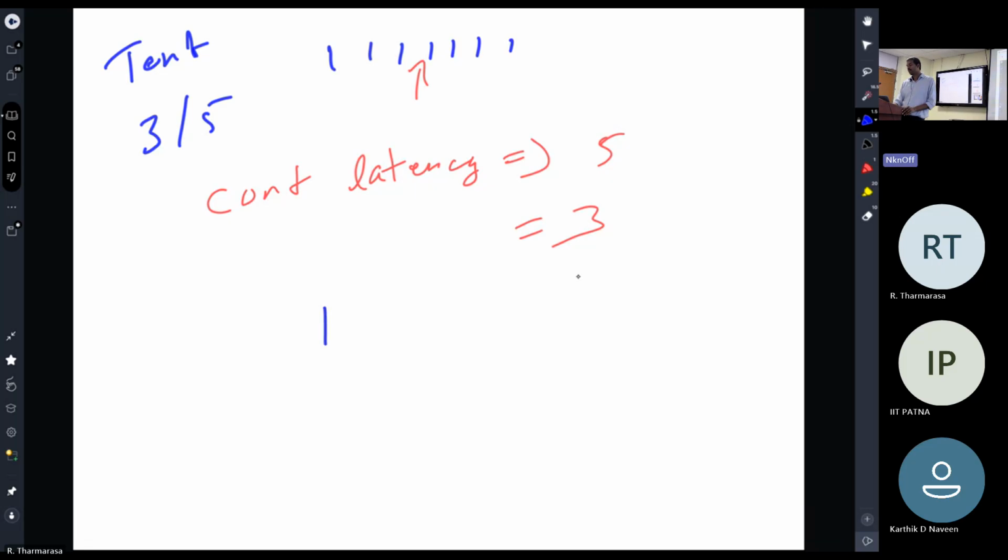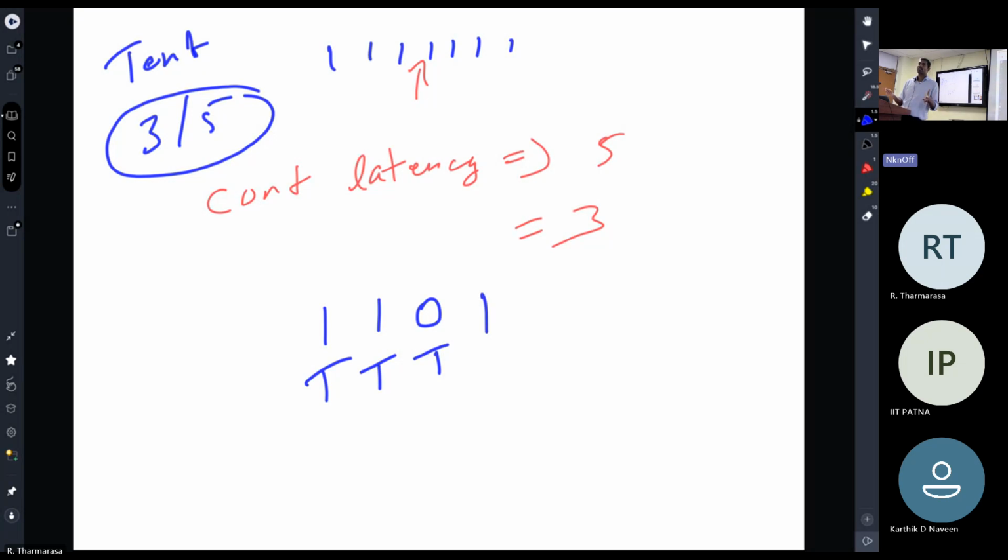For an example, let's consider this. 1, 1, so tentative and tentative. 0, what is that? Next. So I'm using 3 out of 5. You write the next. Tentative. Okay, tentative. 1. Confirm. Not tentative because you have enough 3, right? So 10, confirm here.